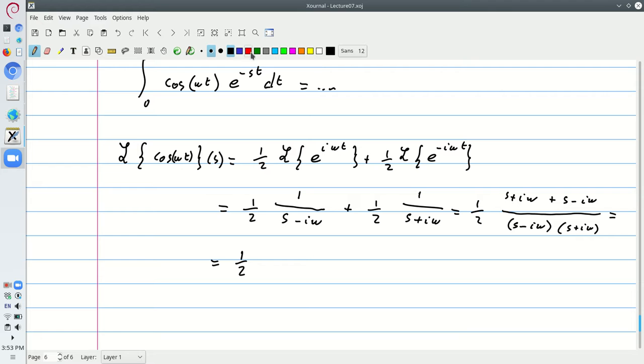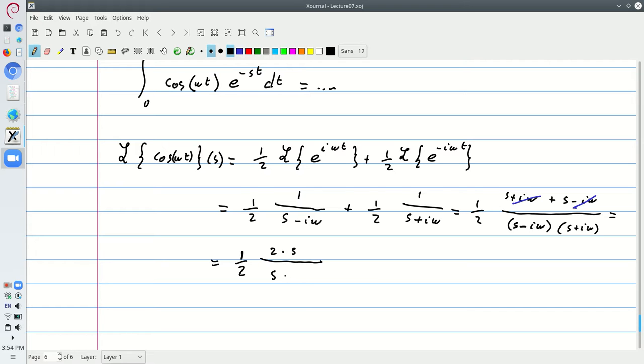Here the two imaginary terms cancel each other out, so we are left with 2s divided by, and now we have the difference of two squares, so this is given by s squared, and the square of I omega is minus omega squared.